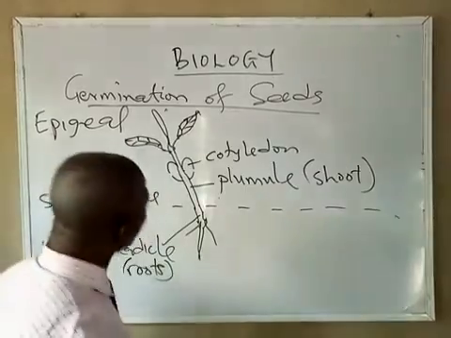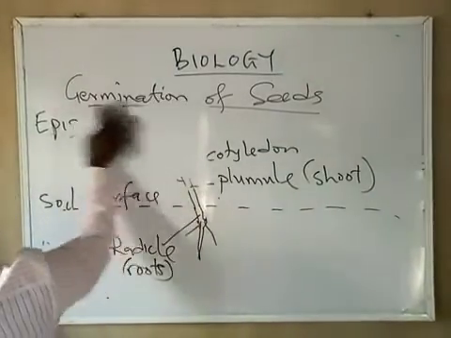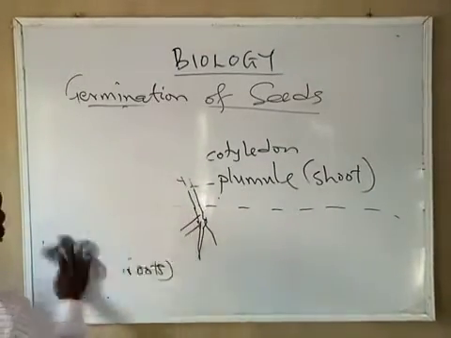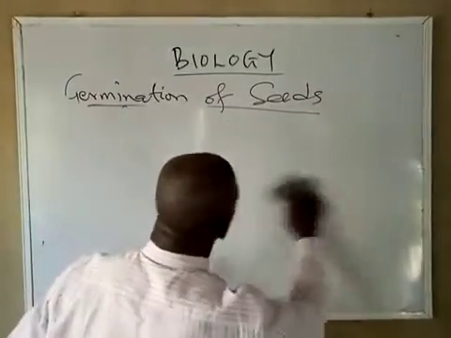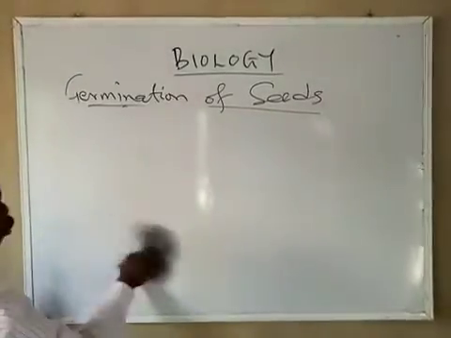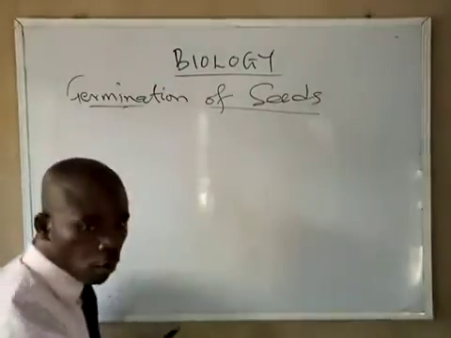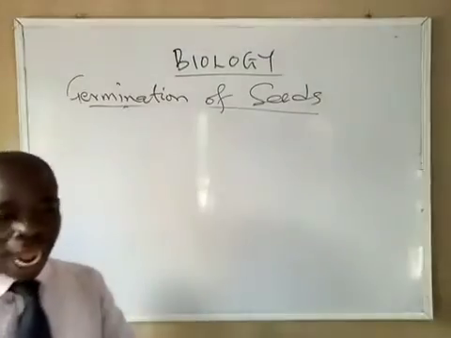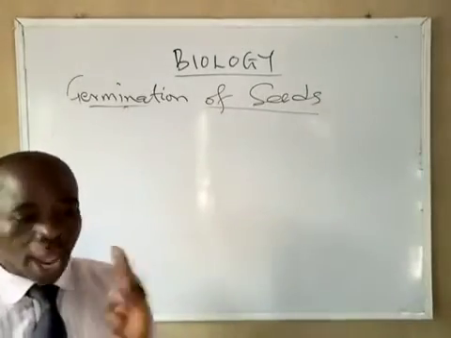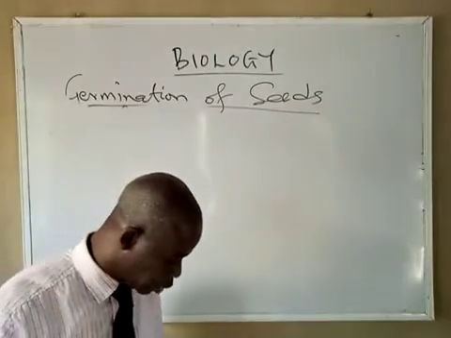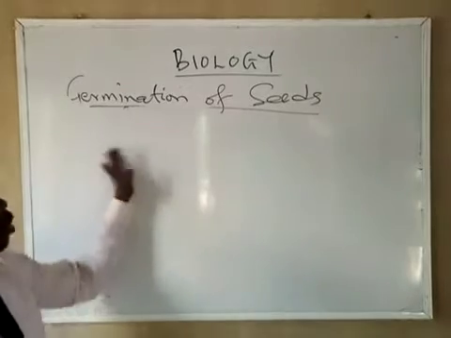Now, let us directly state the process of germination. We have identified the two types of germination, which are 1, epigynous germination, and 2, hypogynous germination.